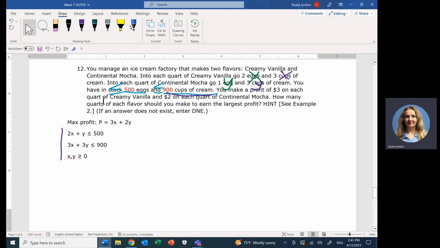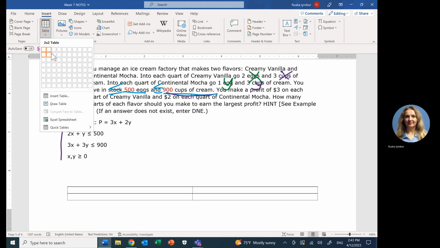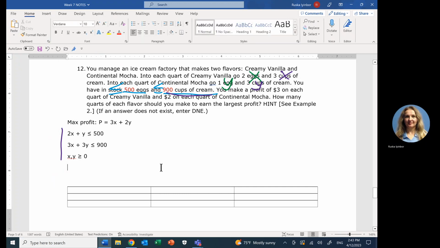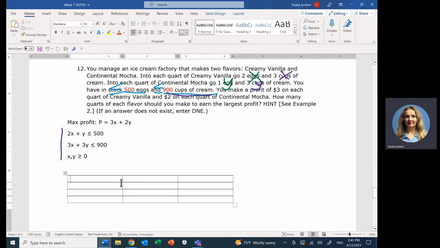Okay, so here I'm going to insert a table. And in that table, I'm going to use the 3 corner points. I'm going to set it up like this, a little smaller. So I have X, Y, and here you need to find the maximum of the profit, which is 3X plus 2Y.